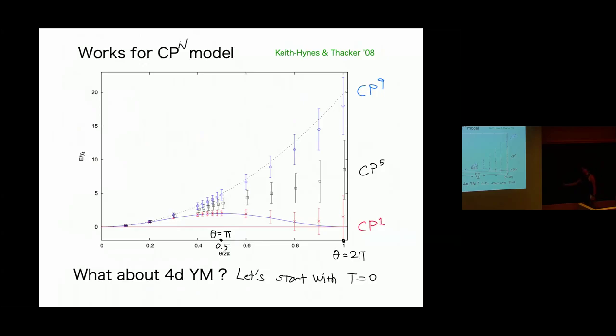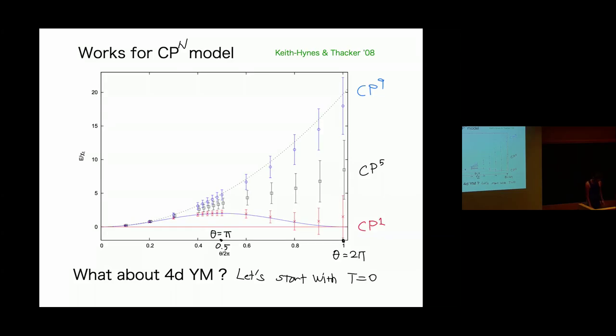I generate the lattice configuration at theta equals 0, and then use that configuration to explore the dependence on theta. Of course, that's not good if you want to find the transition itself, because then you have to change the lattice gauge configurations. But what we want to do is keep track of a single branch so that we can see the multi-branch structure. So that's the case for the CP^N model.